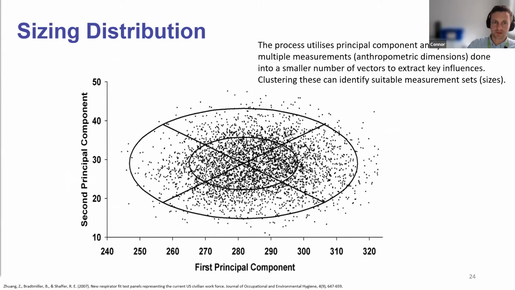And then what you're doing is essentially applying a clustering grouping to that to determine your sizes. So this is a very simplified example, but essentially this is the approach. This is what we would do when we design a wearable for mass production.